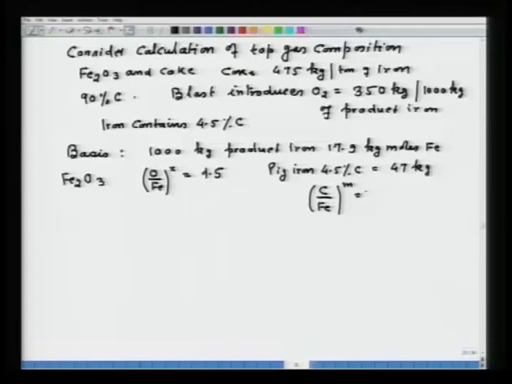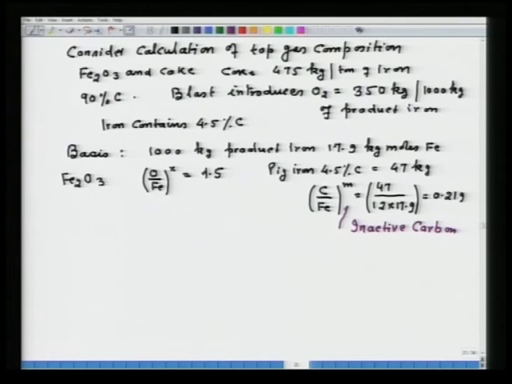If I calculate, 47 upon 12 into 17.9, that value will be equal to 0.219. This is the inactive carbon that we have calculated.